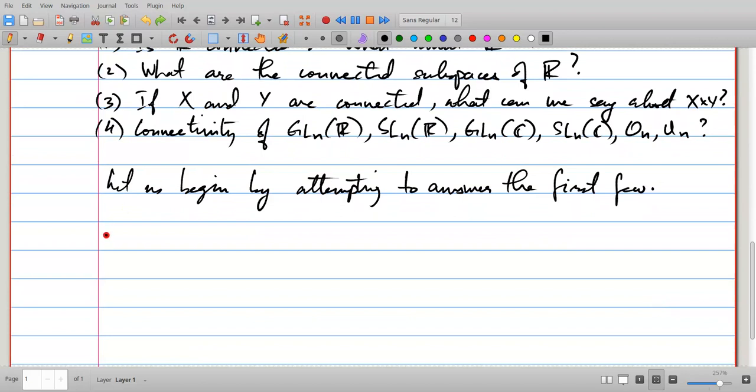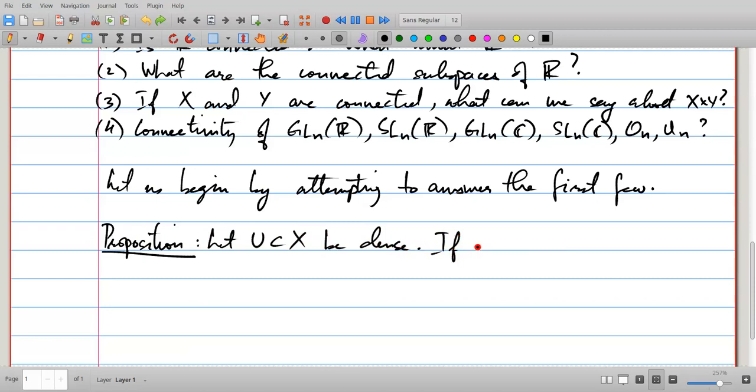So proposition. This is the proposition which we will need. Let U contained in X be dense. If U is connected, then X is connected. So the proof.